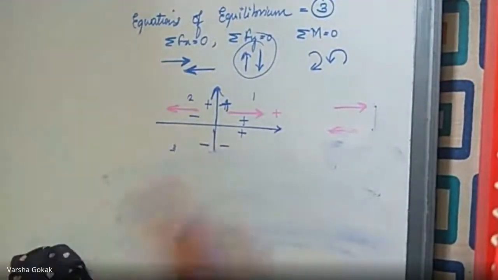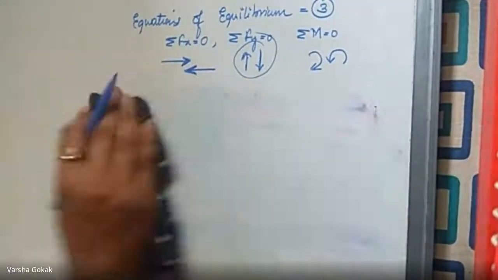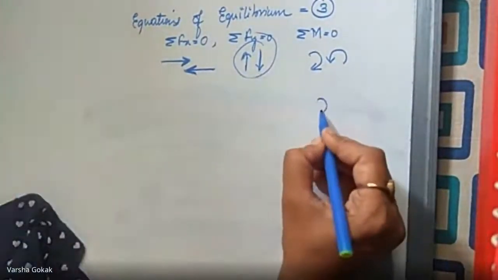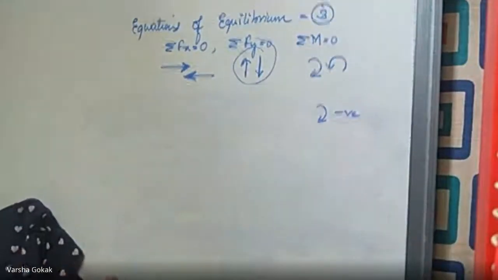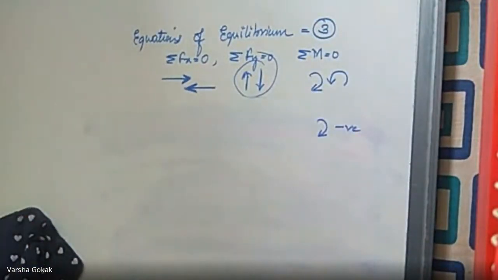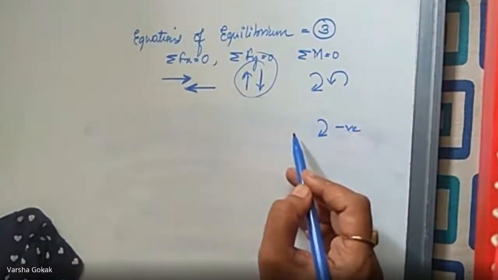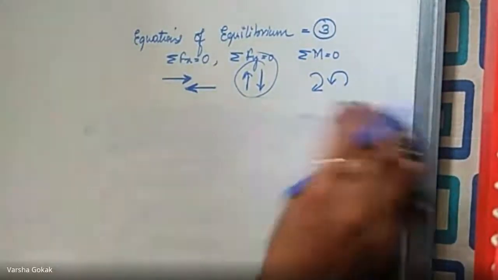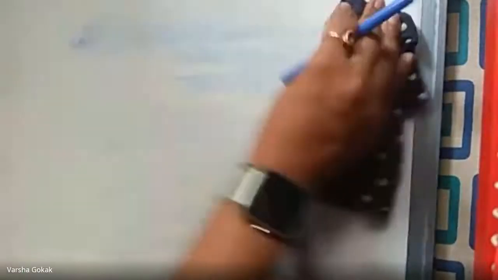But if you want to change the assumption, whenever you solve, just show that you are taking clockwise as negative. It is understood that anti-clockwise is positive. These are just assumptions for us to solve. Ultimately the answer would be the same, only the signs would be different, because finally we are dealing with the magnitude of the force. So that doesn't matter much. So that was about sign convention.